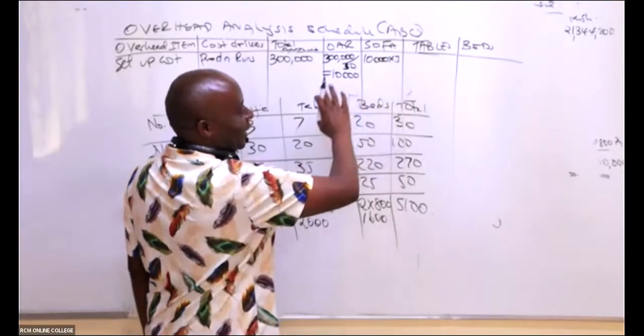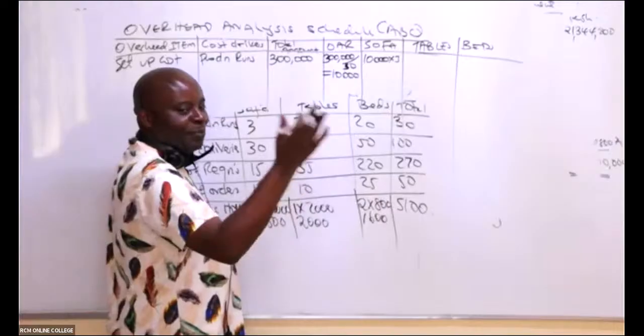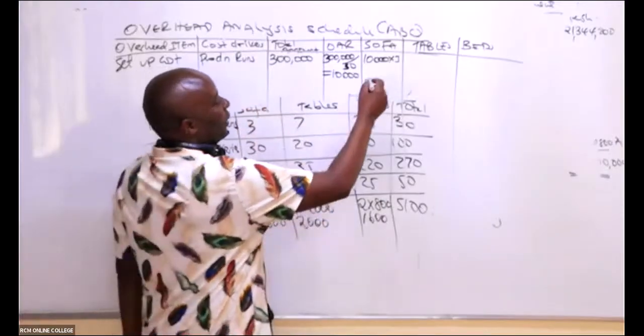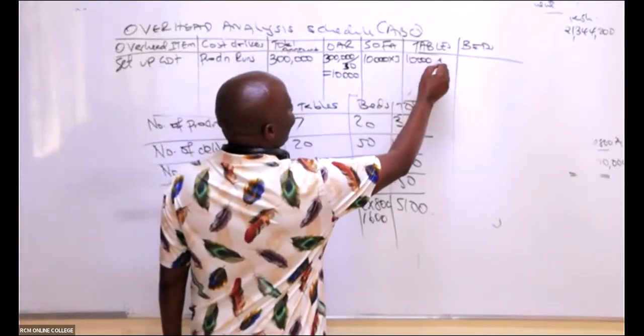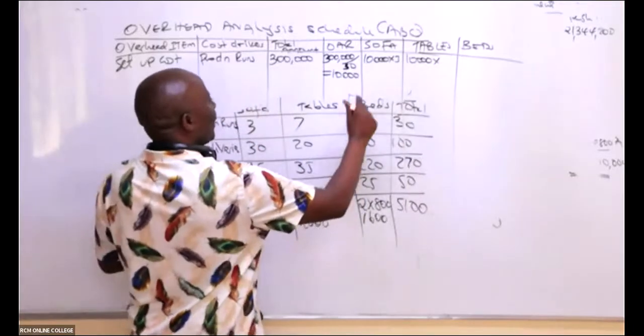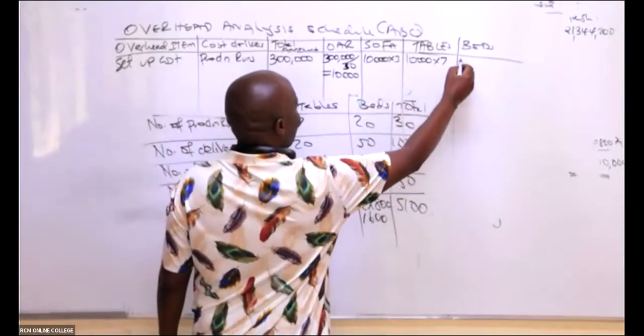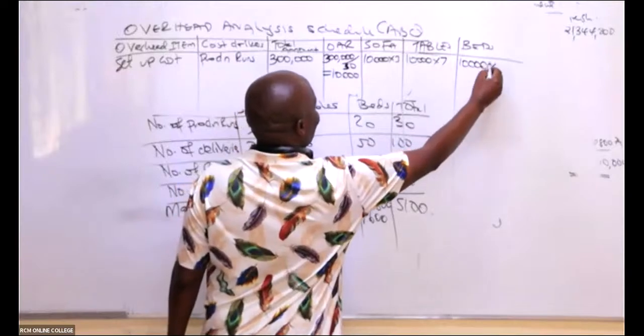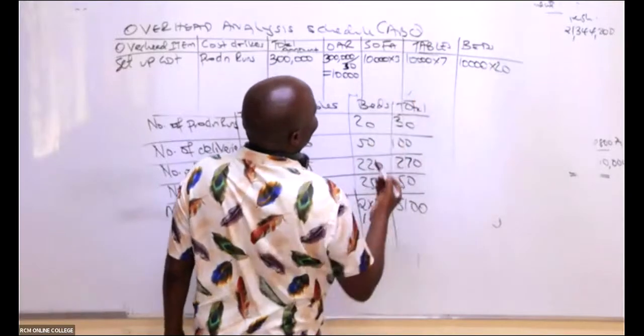You don't have to do these workings in your exam. If you just understand, you post the answers directly. So this will be 10,000 times number of runs, 7, and 10,000 times 20.